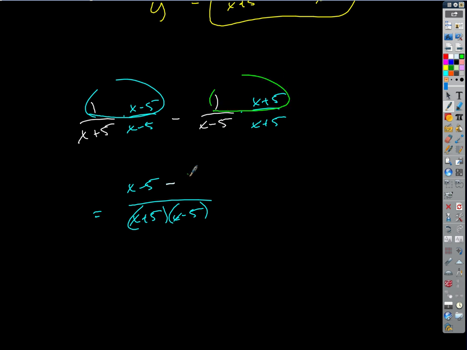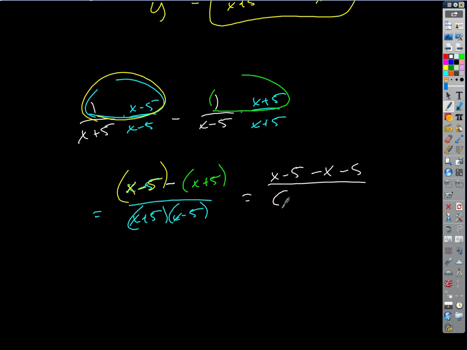So minus the quantity, x plus 5. That part minus that part, right? And so if I just distribute the negatives and combine like terms, I get x minus 5 minus x minus 5 over my common denominator.